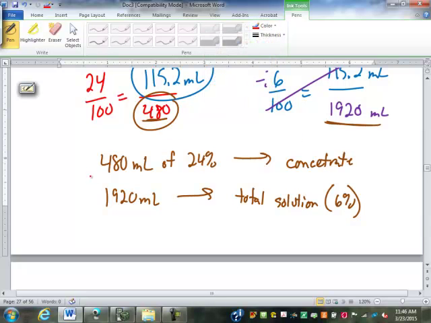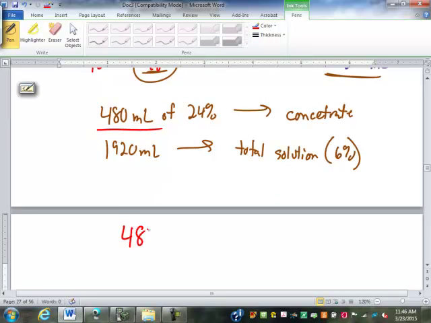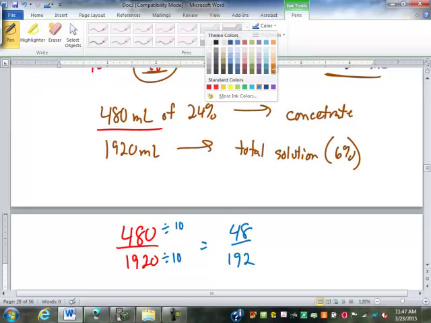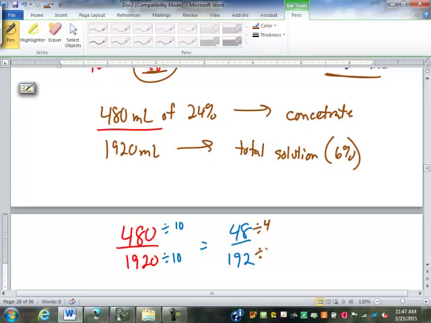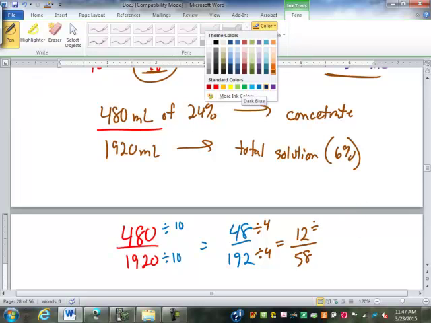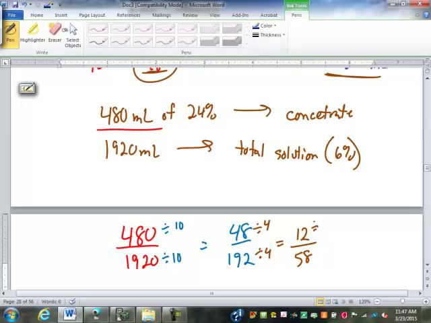So the dilution here is 480 milliliters over 1,920. Reducing that down, both of those can be divided by 10, giving us 48 over 192. Both of those can be divided by 4, giving me 12 over, what is that, 58. We can keep going. Actually, that's not right. 12 over 48, not 58.